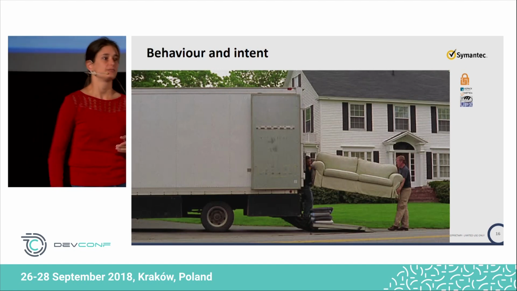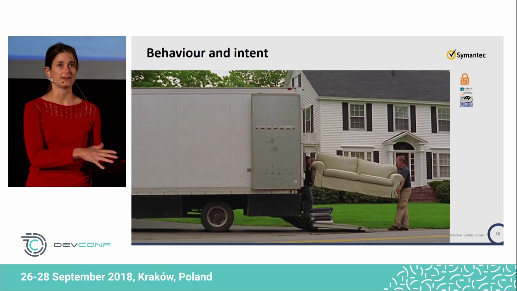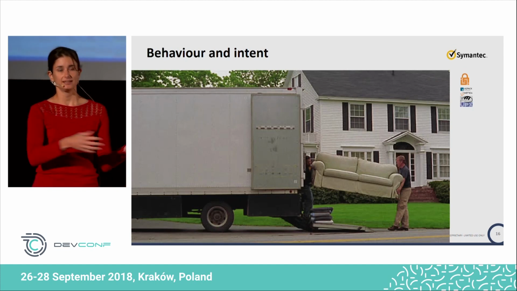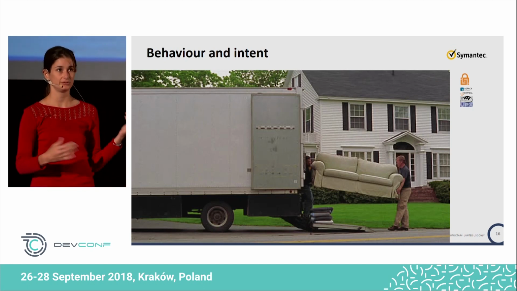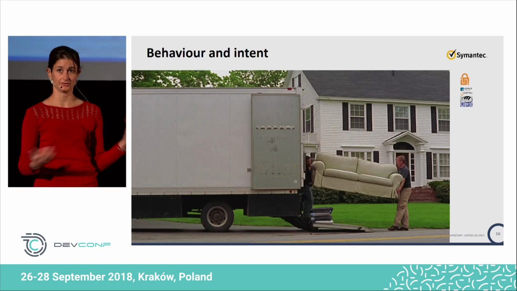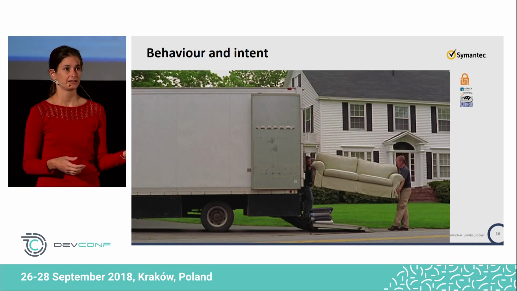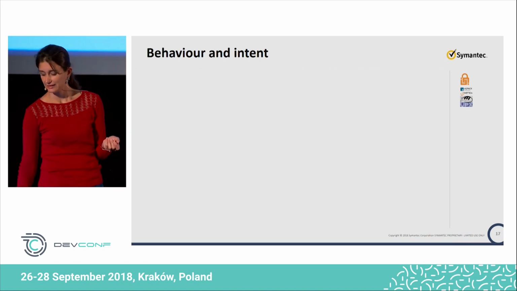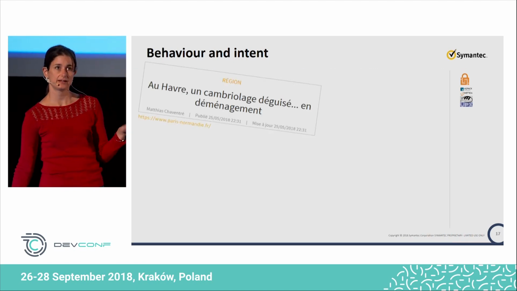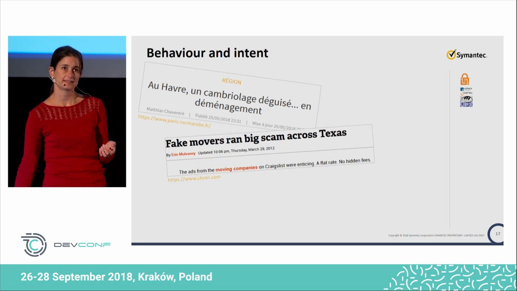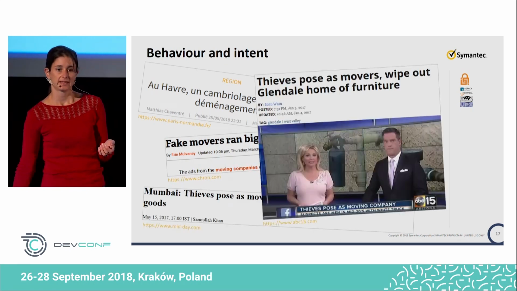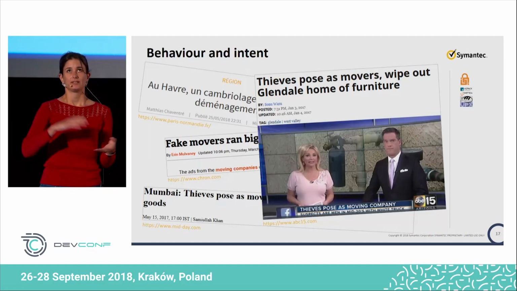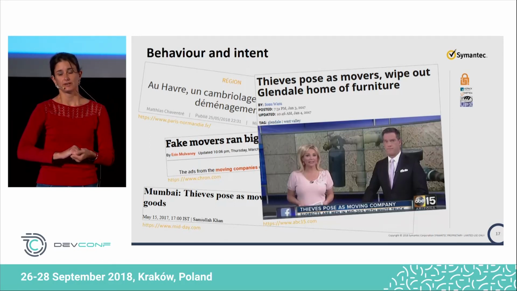Imagine that you have a moving van that pulls up in your neighbor's driveway, and they're taking away the furniture. Do you call the police, or do you trust that they're movers? It's the same thing with files and backup, right? But that happens all the time. It happened in Le Havre, it happened in Texas, it happened in Mumbai, it happened in Arizona, and it's the same for software.